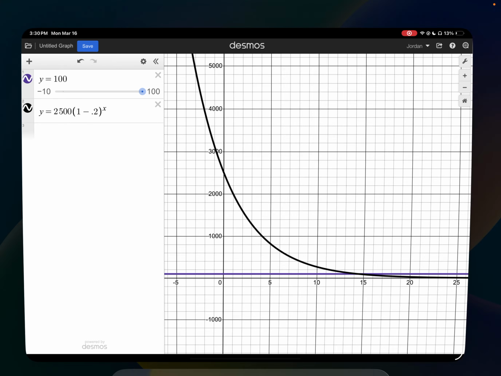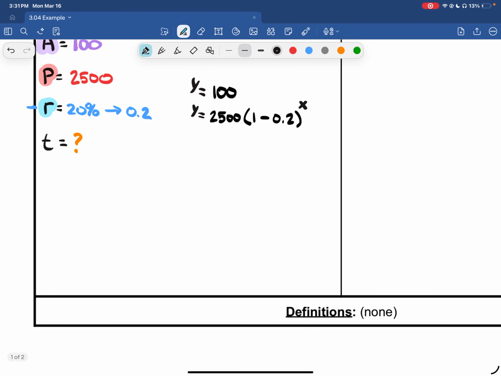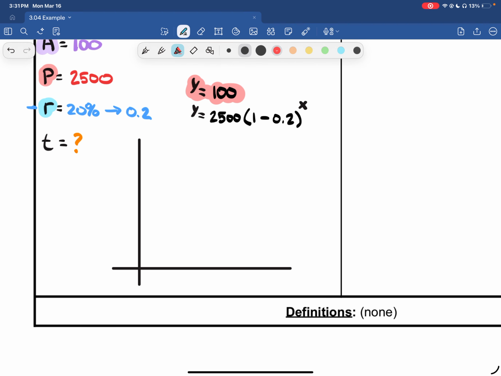So I'm going to go back over to my paper, and I am going to just do my best to free-handedly sketch what I'm seeing here. So if I do this one in red, I just have a flat line through 100.